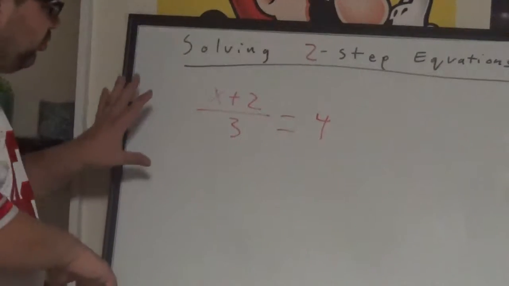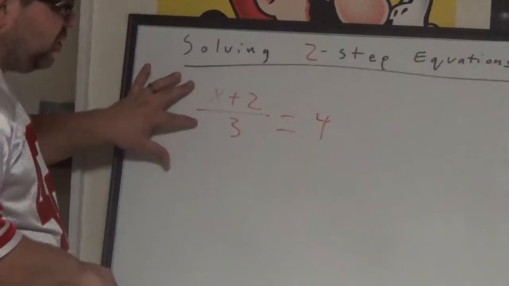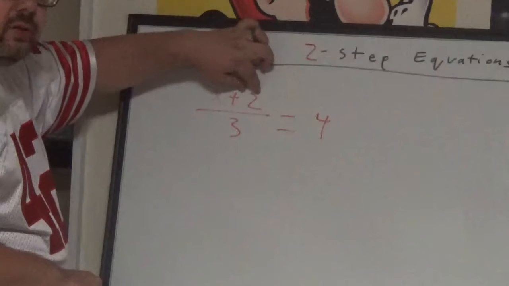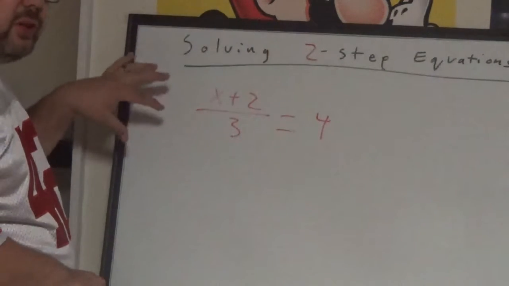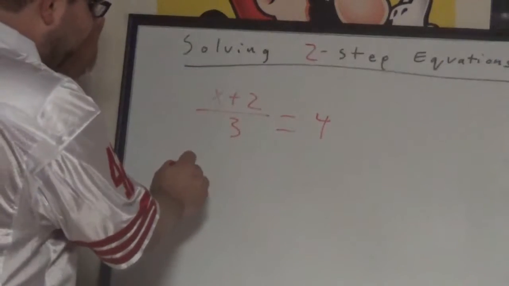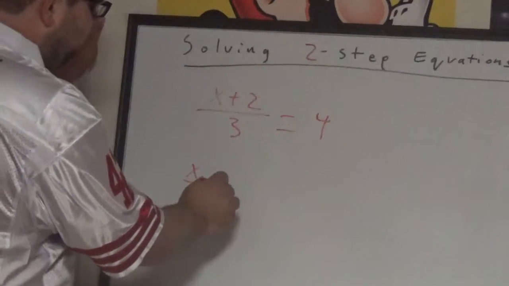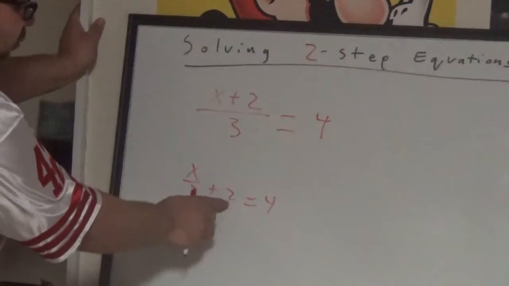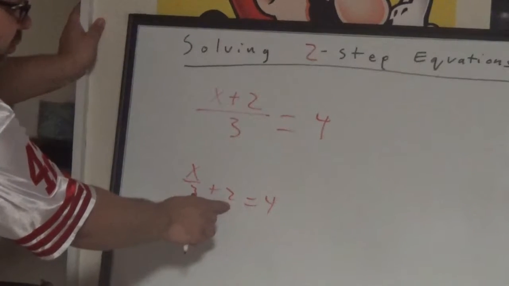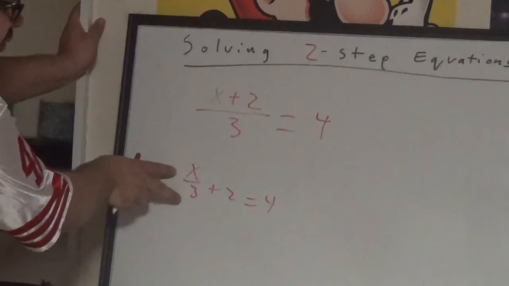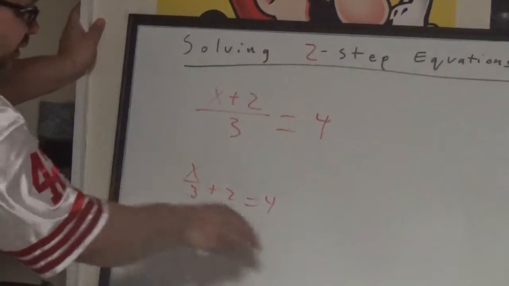Now, again, just like on the first problem, we got rid of the constant first, and then we got rid of the coefficient. Well, I want to show something. If we had a problem that looked like this, here we would subtract first, and then we would deal with the fraction.